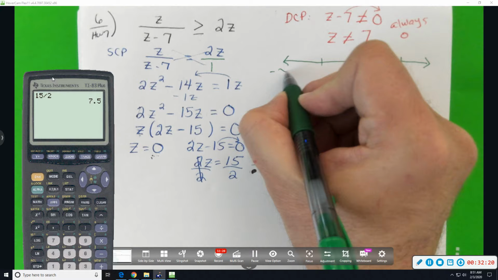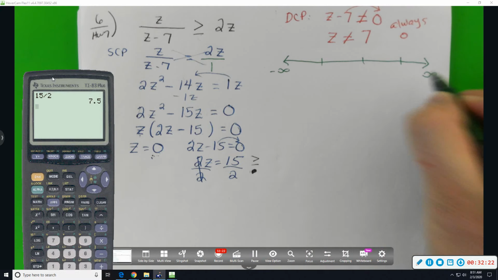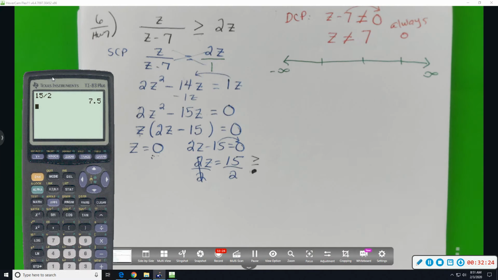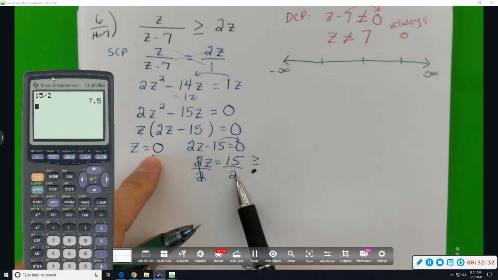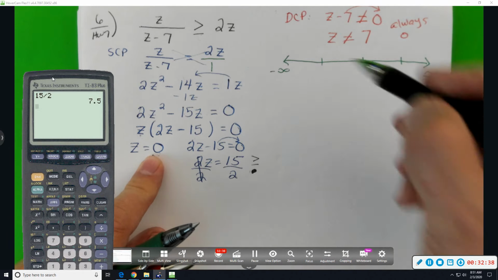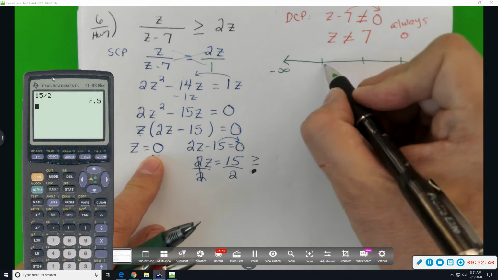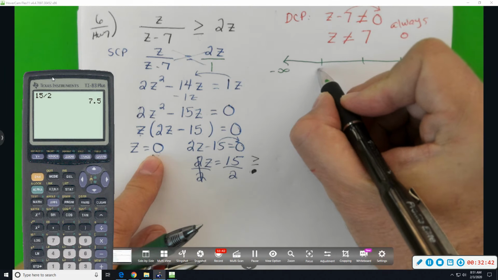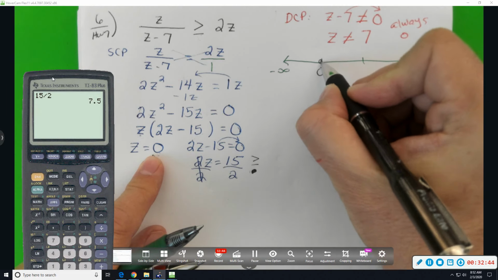Here's my negative infinity, positive infinity. How do I label these? The cut points are 0, 15 over 2, which is 7.5, and 7. Which one is the one I'm to the left? What's this one? 0, okay, that's the smallest.